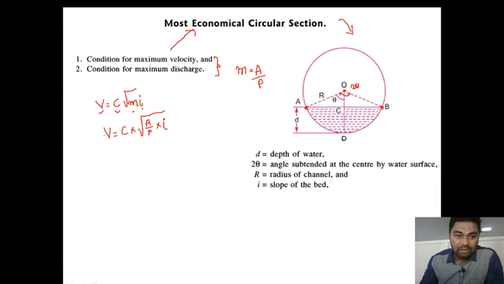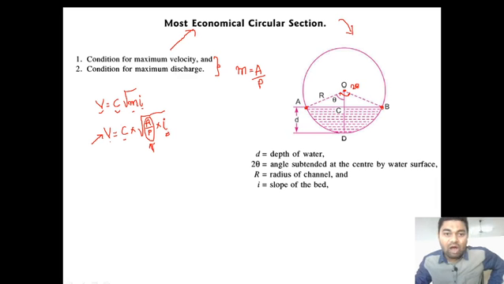From this equation, what can we say about maximum velocity? The velocity of the flow increases if the value of A by P is maximum, for constant value of I and constant value of Chezy's constant.